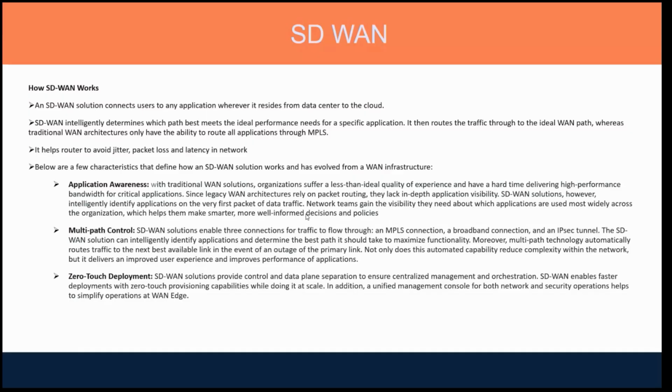This is one of the mechanisms which intelligently determines the best path to reach a particular application, right? As you know, a router can also determine the best path, right? But using SD-WAN, the determination of the best path is simpler, because if we compare the traditional network and the SD-WAN network, there are multiple differences which we are going to talk about later, right?